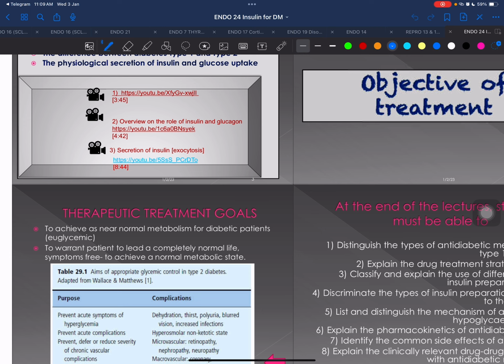Skip semua lah. Okay, so because the physiology of it macam biasalah, you got to know, and then after that you know what is type 1, what is type 2. Okay, dah.